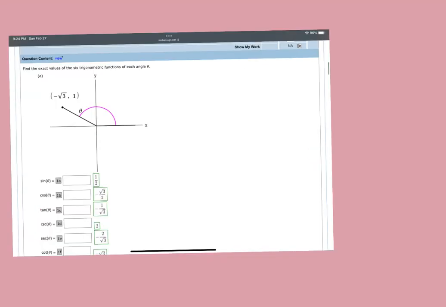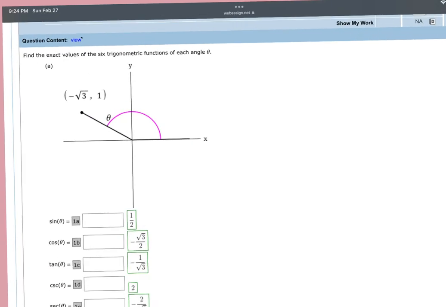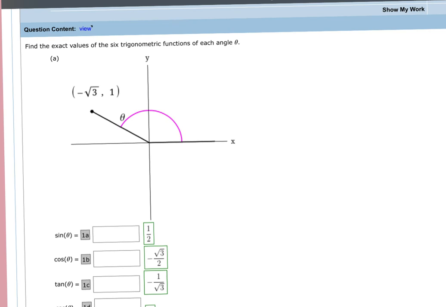Okay, the other thing in your homework is this, which you already know how to do. It's just weird because it mixes in with the unit circle. In this assignment, and this is one of the ones that you did on the practice for the extra test, it's going to give you the coordinate. Like negative root 3 and 1 means I move back negative root 3, I move up 1, and then I would use my Pythagorean theorem.